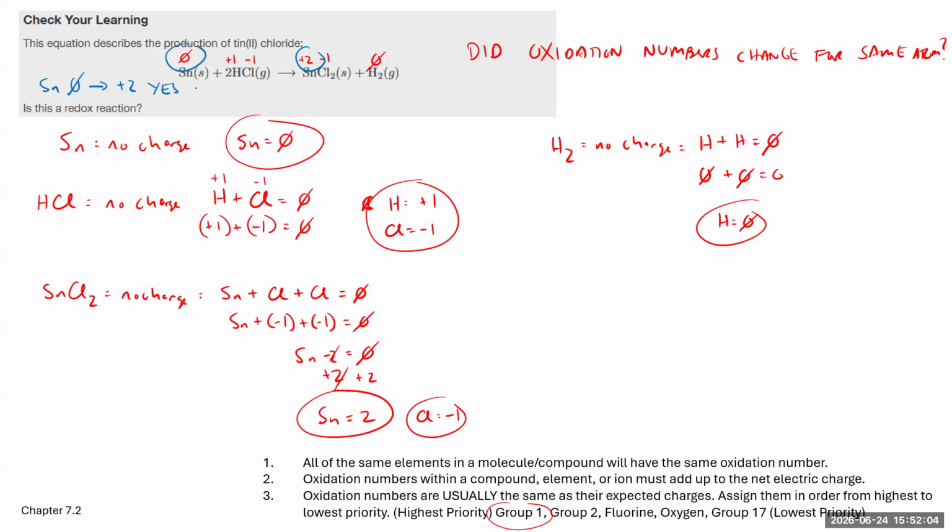Yes, we change. Yes, it's a redox, right? You can also see that here with the hydrogen. Hydrogen went from a +1 to a 0. So yes, this is a redox.